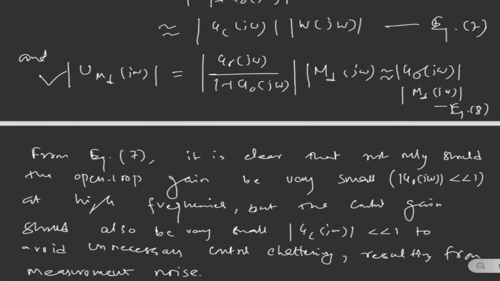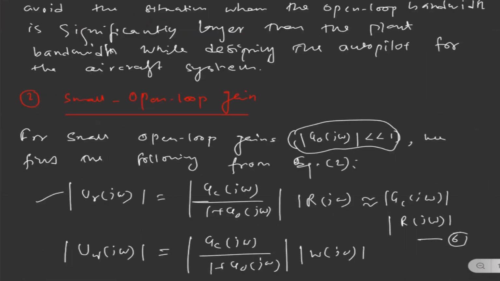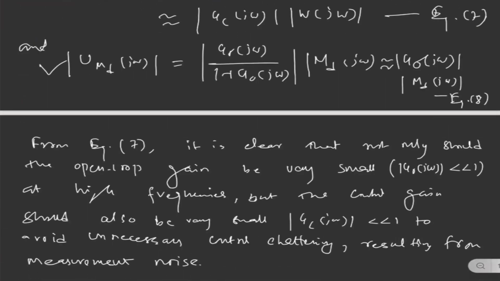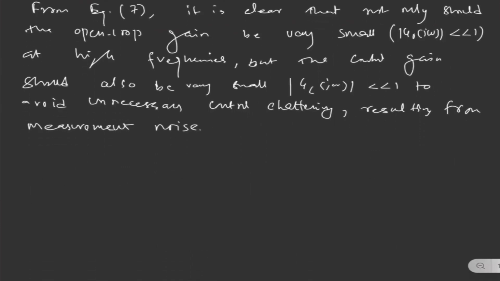This is very, very important: how we should choose the gain in the system while designing the autopilot for the dynamical system. Let's stop it here.